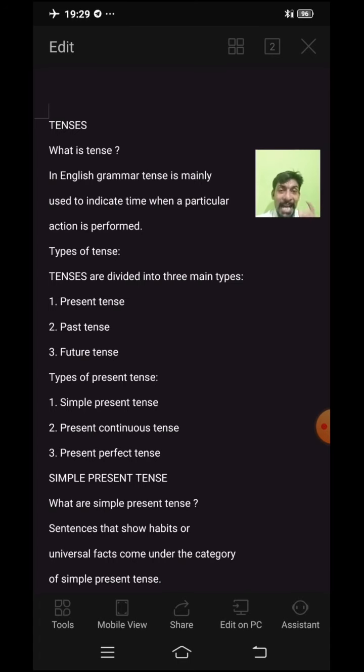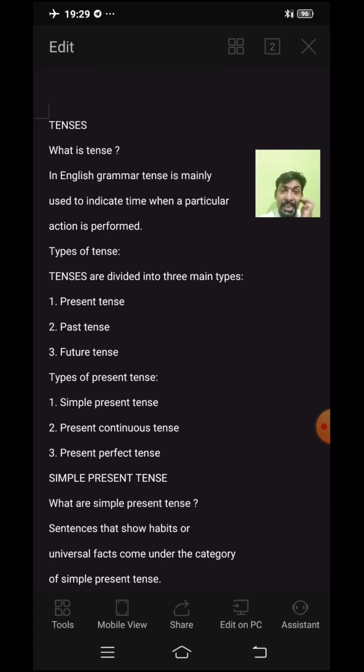So this action that I am performing is related to some or the other time. And the time that is mentioned of my performing action is said to be tense.